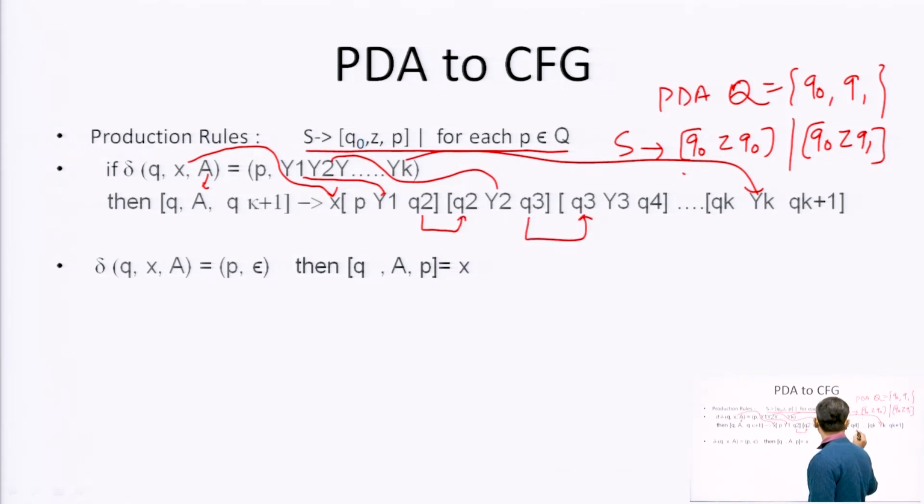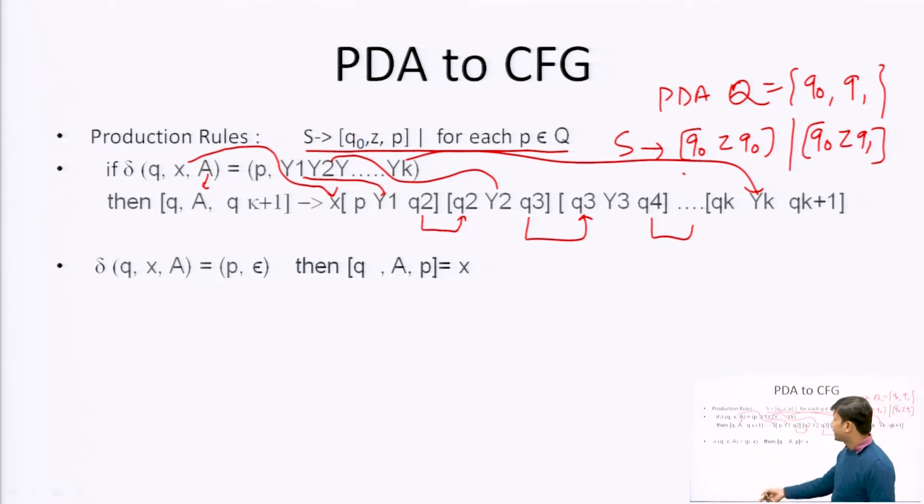Then Q3, then like that Q4, it will continue. So this is for push. For each push operation we have to do like this. We will go to the example and see in detail how to get context free grammar productions for push transitions of a PDA.